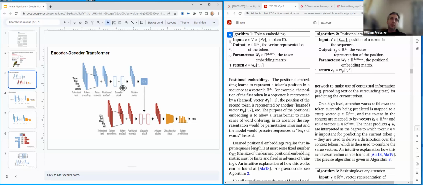So when it comes to images, I liked how the paper at least briefly touched on how you could represent images in different ways.